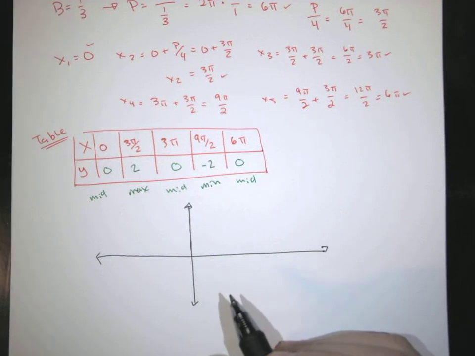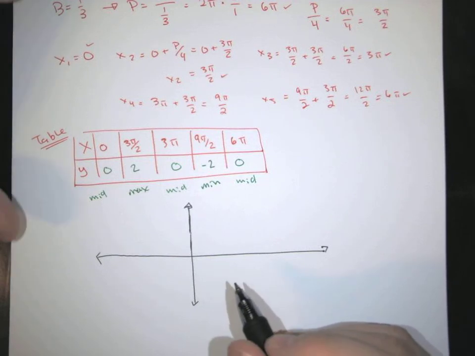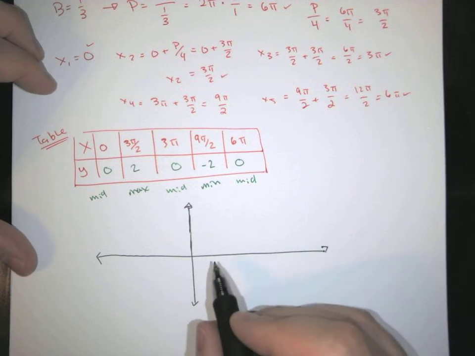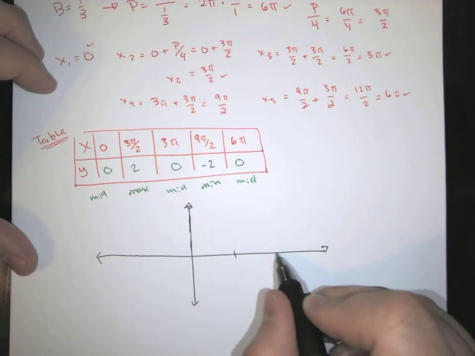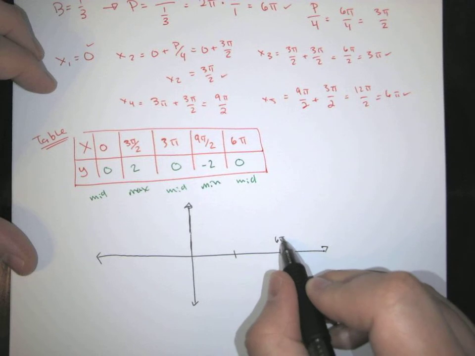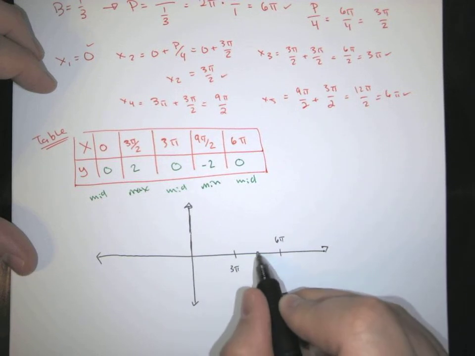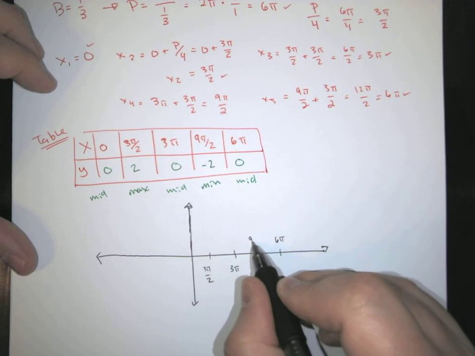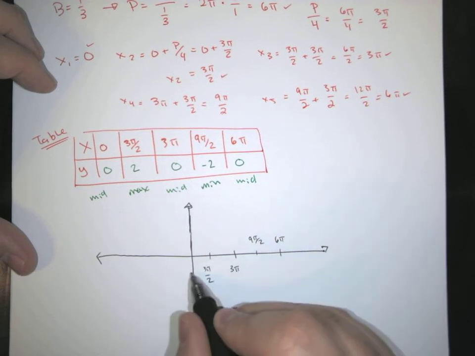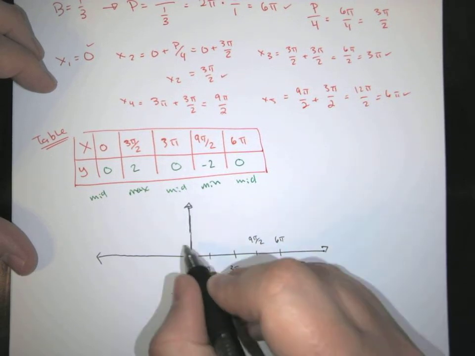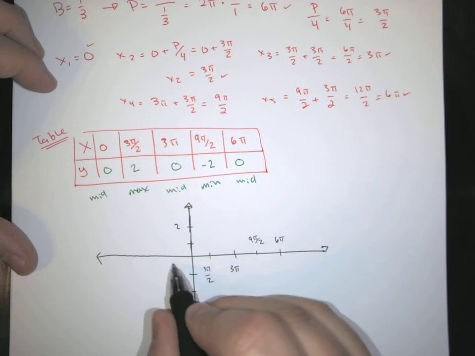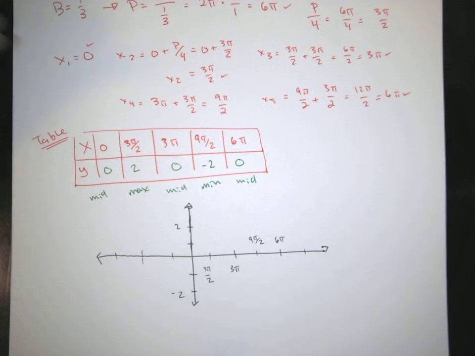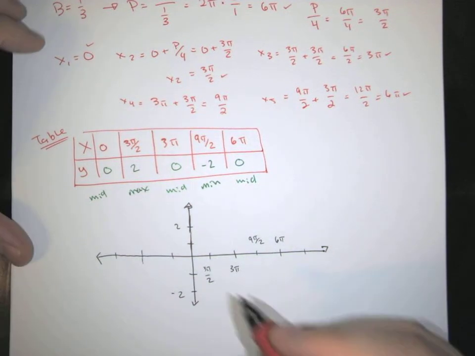With graph paper, I'm always really tempted to just use 1, 2, 3, 4, 5, and this way I can play with it a little bit more if I need to. So our 3 pi here, 6 pi. Throw in our quarter points, 3 over 2, that was 9 over 2. Height, so down to negative 2, up to positive 2. Throw a couple extras on here, and graph away.